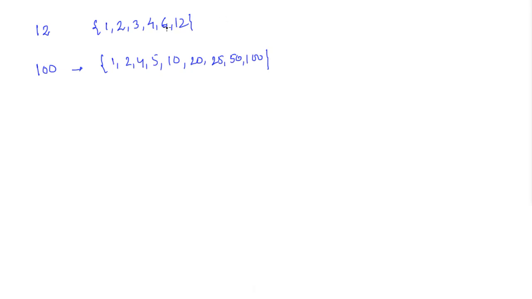So the total number of factors of 12 equals 6, and the total number of factors of 100 equals 9. If someone asks to find factors of 1,498,176, then the listing method becomes very tedious. So we have to look for an effective and easy method to deal with such numbers.